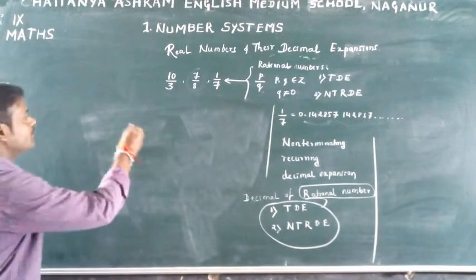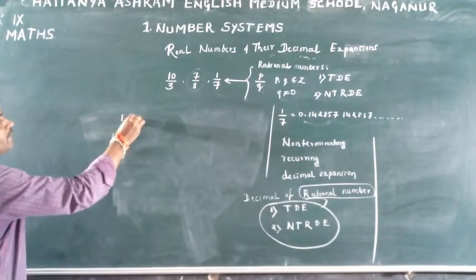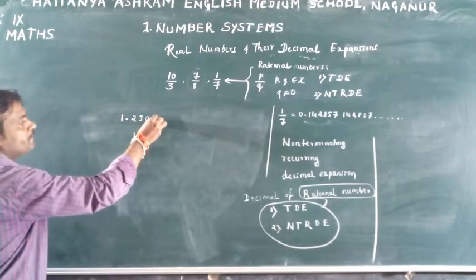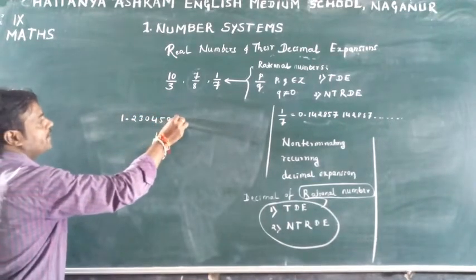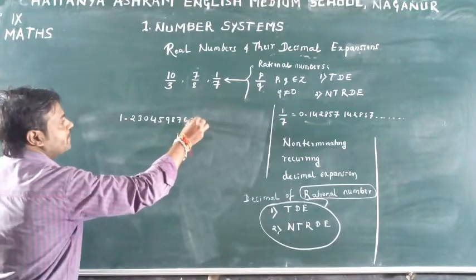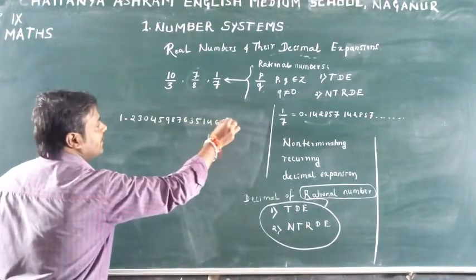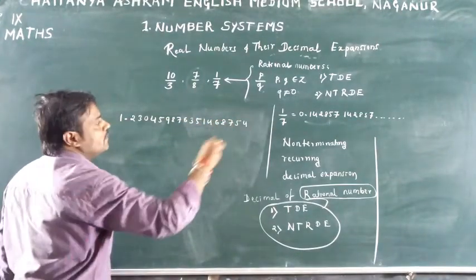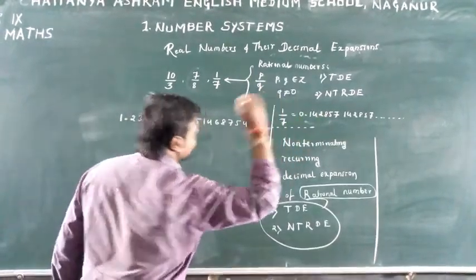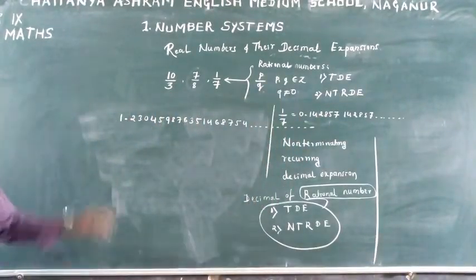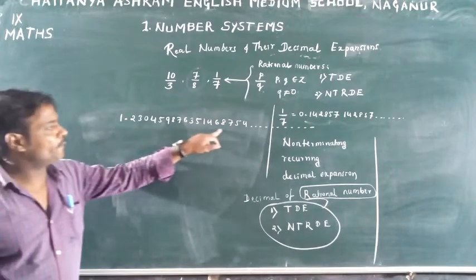See this pattern. 1.23045987635146875. So this goes on like this. Observe the pattern very carefully.